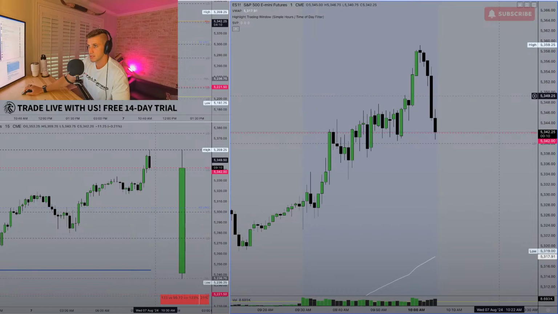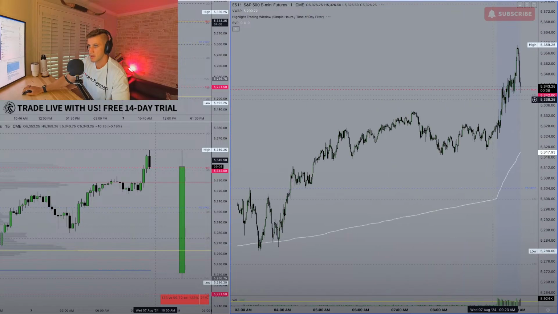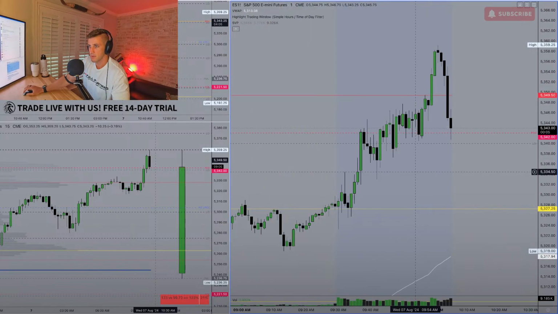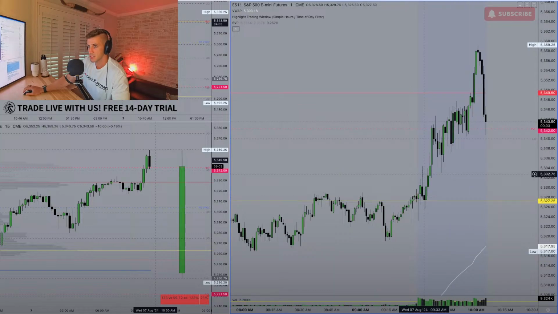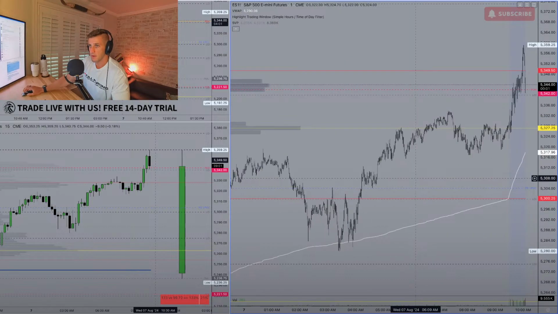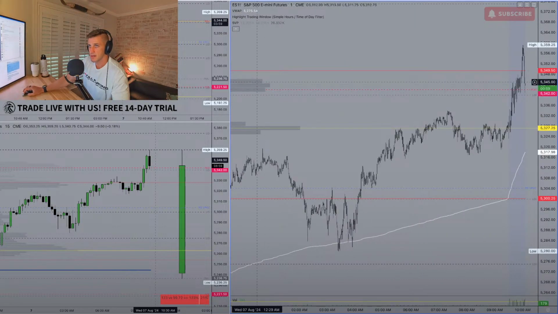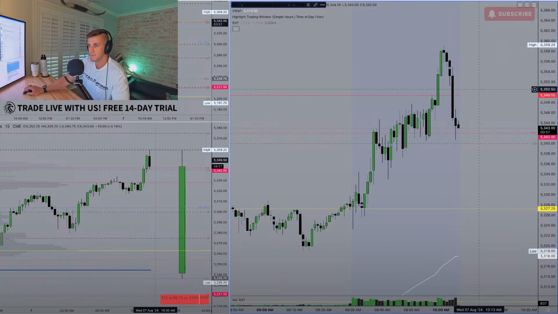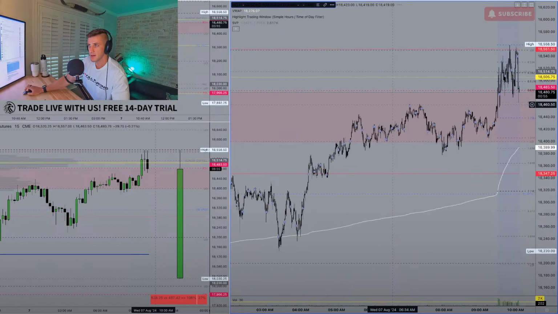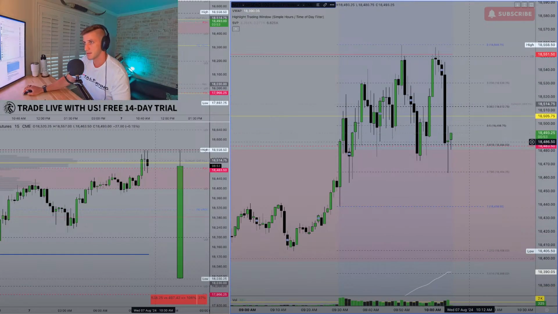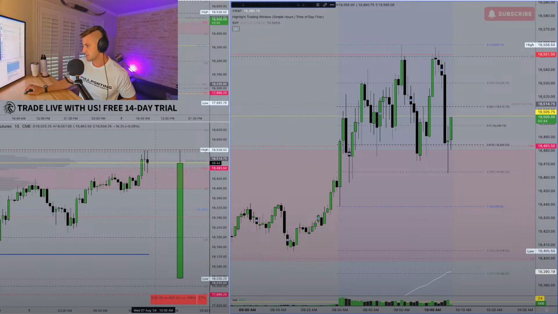What's ES doing? Still here. Okay, session volume point of control is still way down there on ES. Probably about to shift right up into this area on ES. NQ, I hate how TradingView makes you zoom out to reset it. So NQ, that's a potential spring, right? Must hold prior day high. That's kind of what you want to see there.